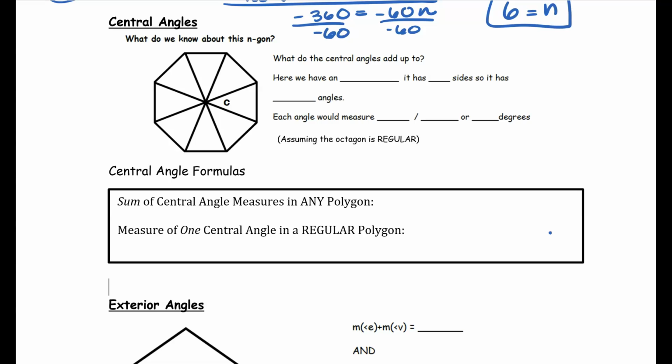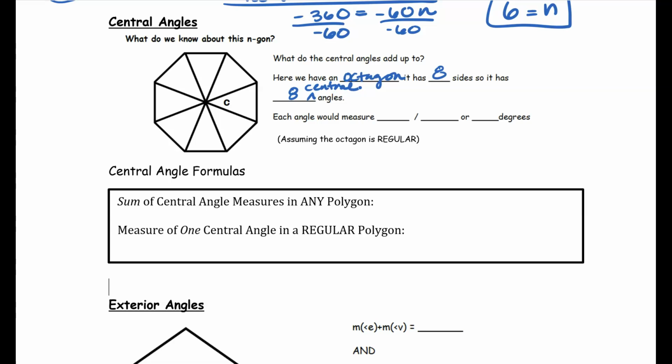So let's look at this figure. What do the central angles add up to? We had some sums for the vertex, but let's talk about the central angles. So here we have an octagon that has 8 sides. So it has 8 central angles.